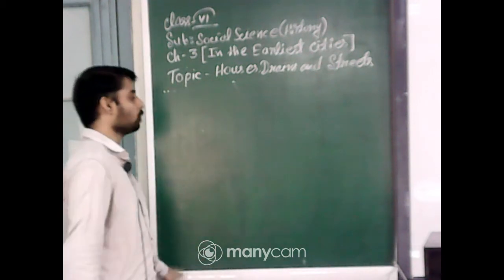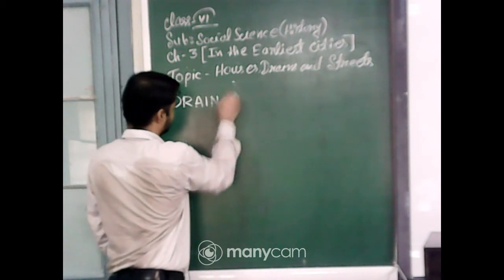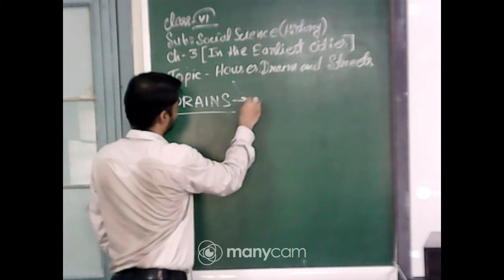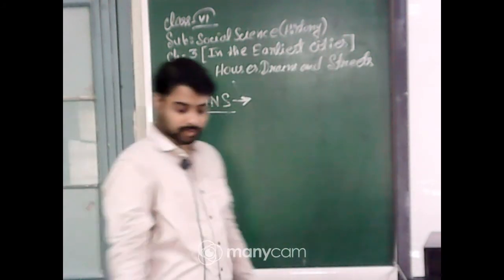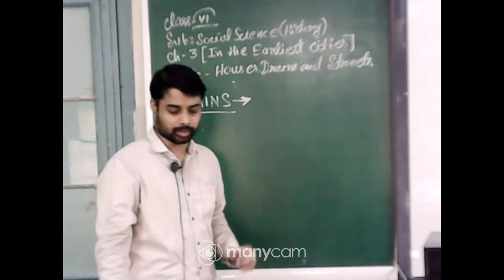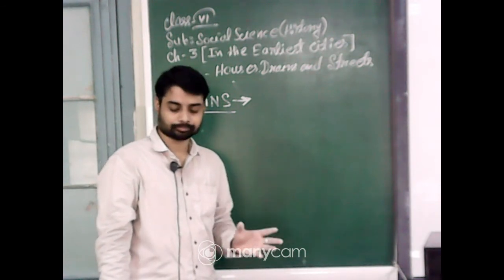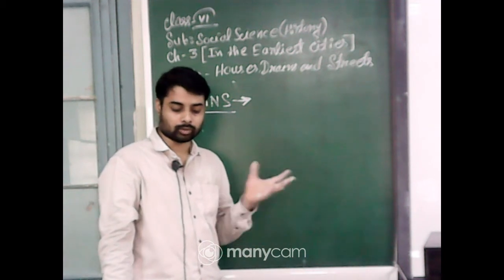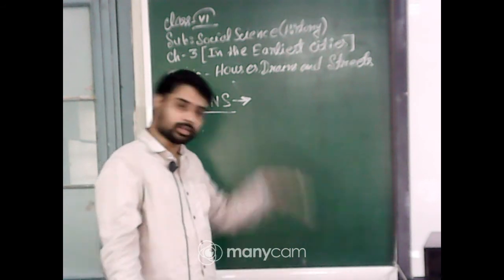Page number 34 and 35, Vinay. Now the drains. The drains were constructed in a very well mannered and very planned way, and many of the cities had covered drains, with a gentle slope, not a steep slope.